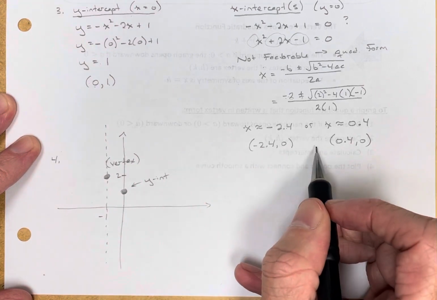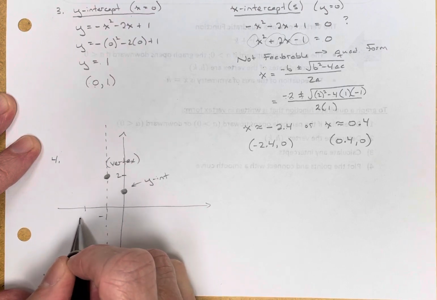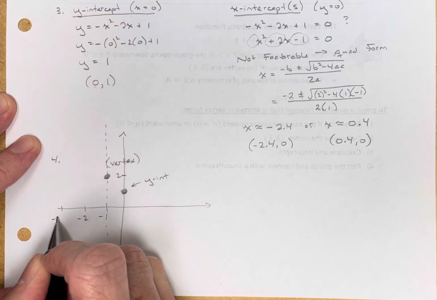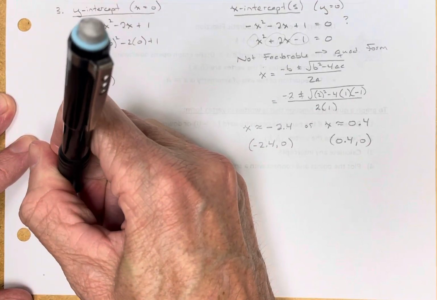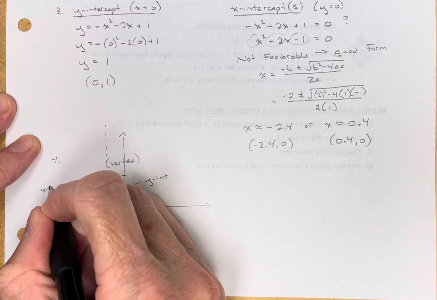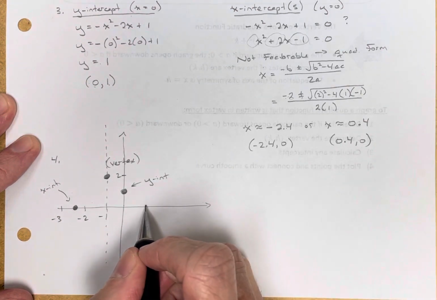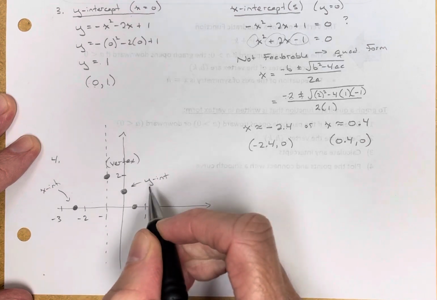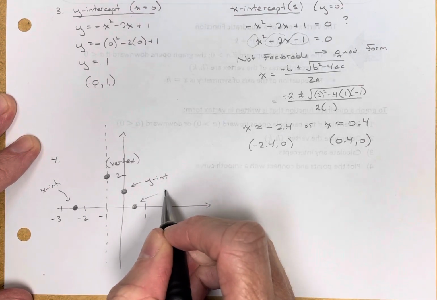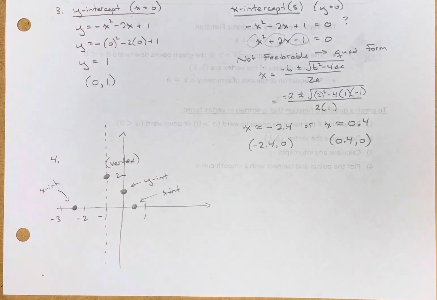I have two x-intercepts. One of them is at -2.40. Well, there's -2, there's -3. I'll ballpark that right here. That is one x-intercept. The other one is at 0.40. So here is 1. I'll ballpark 0.4 approximately here. And this is the second x-intercept. I have 2. And now I can connect those with a smooth curve.